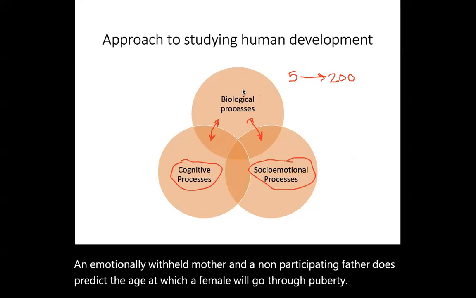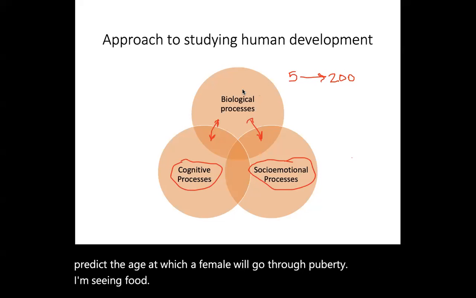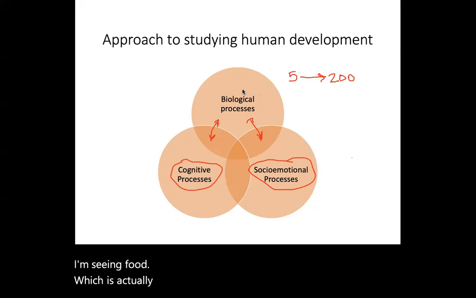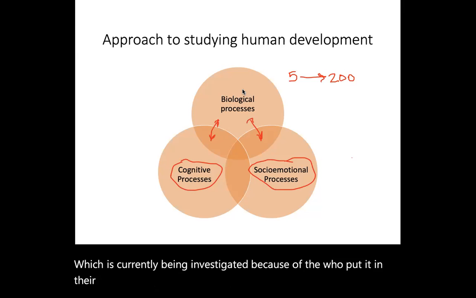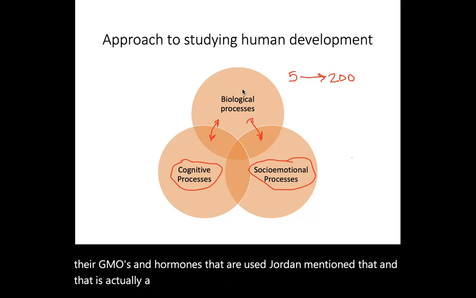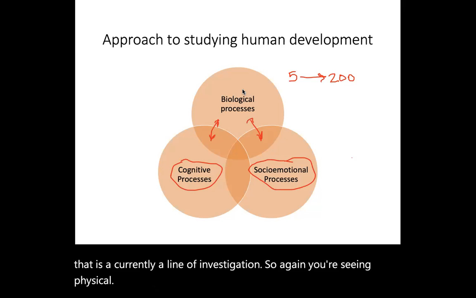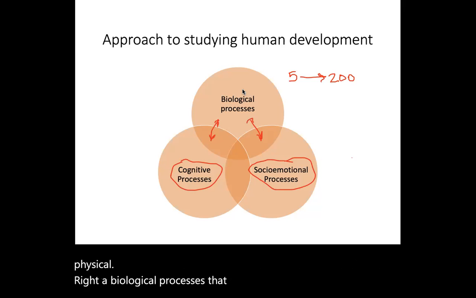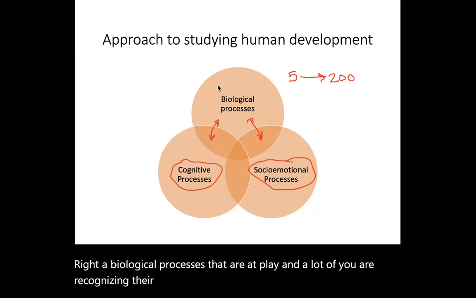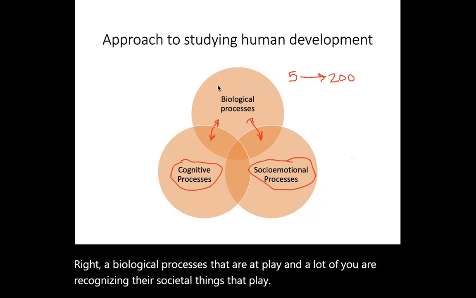I'm seeing food, which is actually currently being investigated because of GMOs and hormones that are used. Jordan mentioned that, and that is currently a line of investigation. So again, you're seeing physical, biological processes that are at play, and a lot of you are recognizing societal things at play.